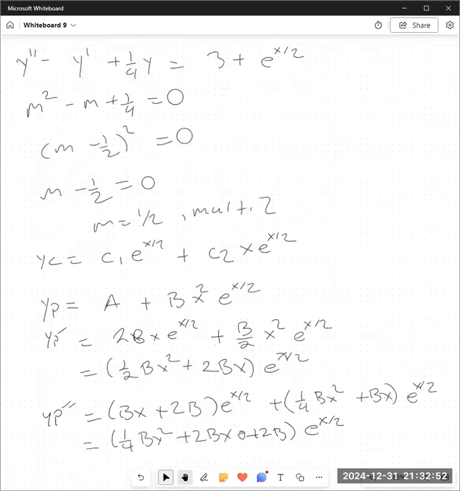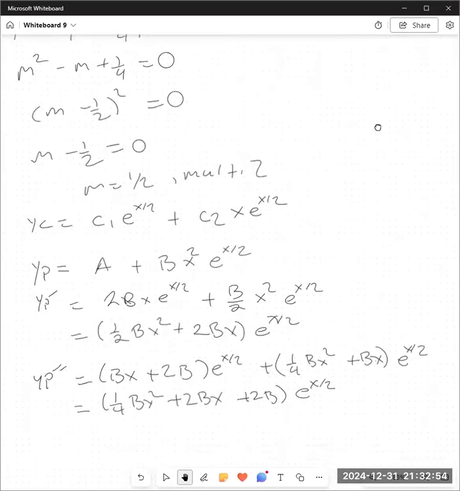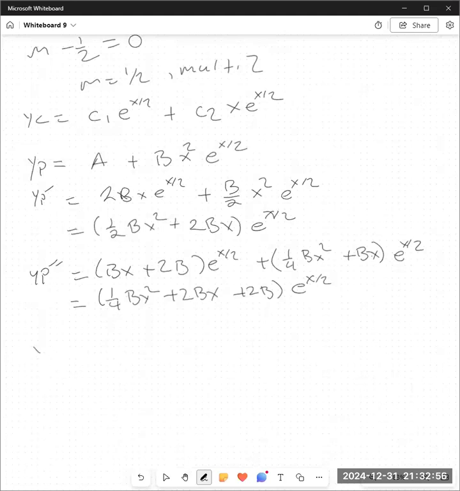Now I need to have yp double prime minus yp prime plus 1/4 yp, and that needs to be equal to 3 plus e to the x over 2.